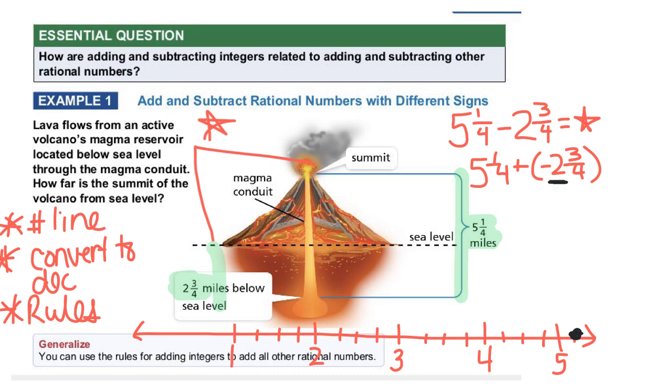So the line right before the 4 is 1 full space. The line right before the 3 is 2 full spaces. And 3 of the fourths: 1, 2, 3. I think my answer is going to be 2 1/2 miles above sea level.